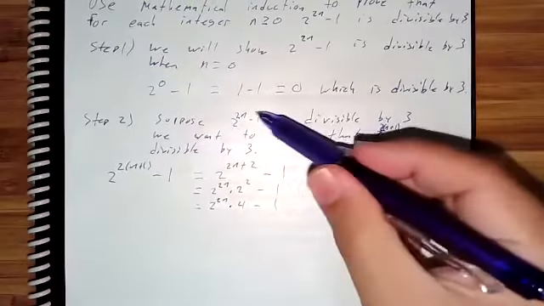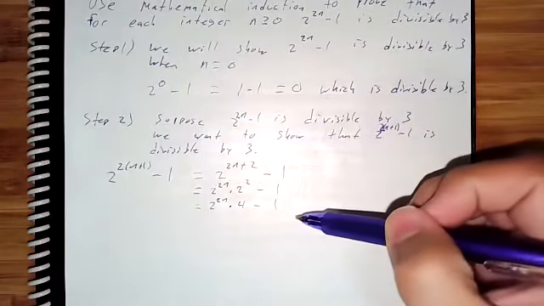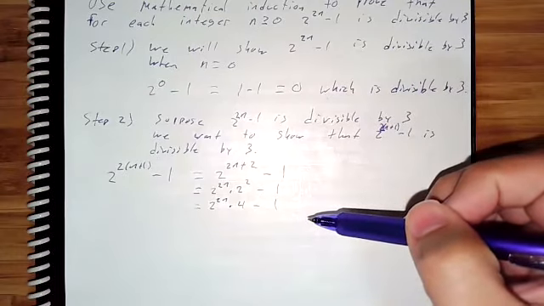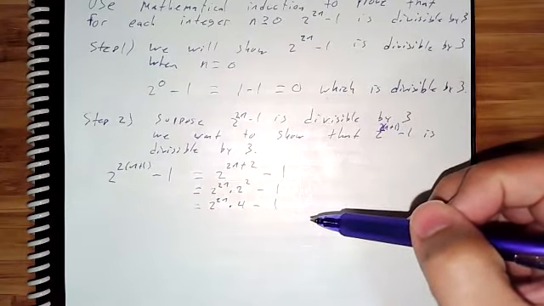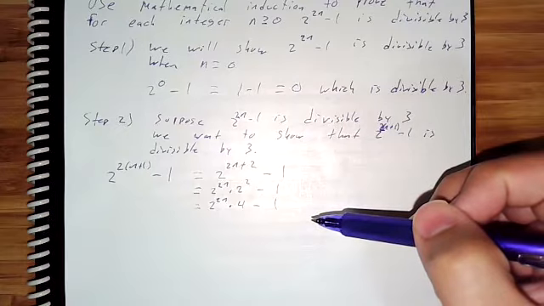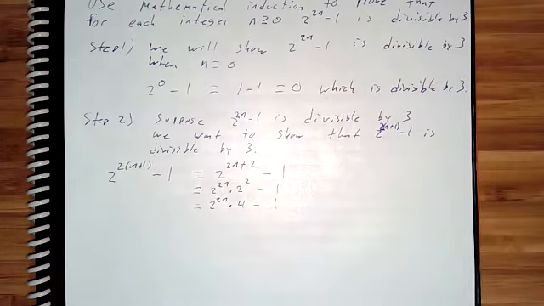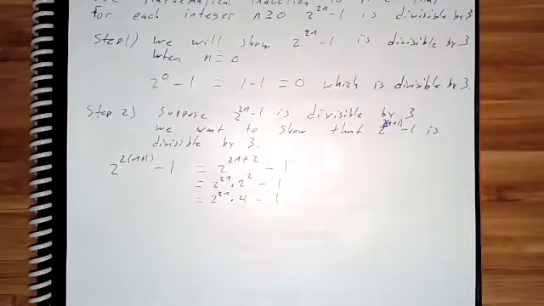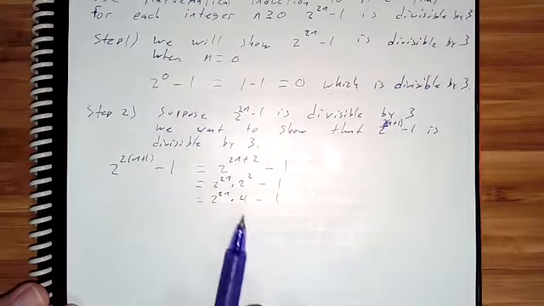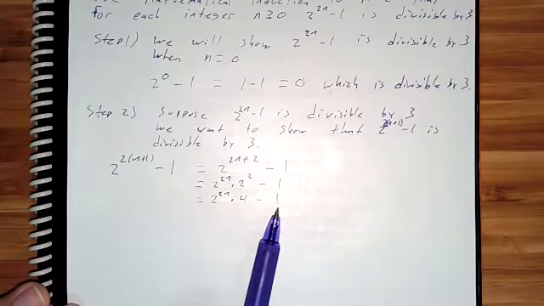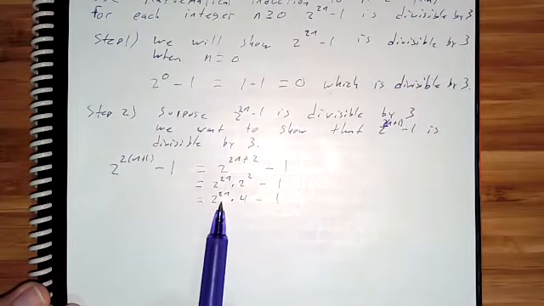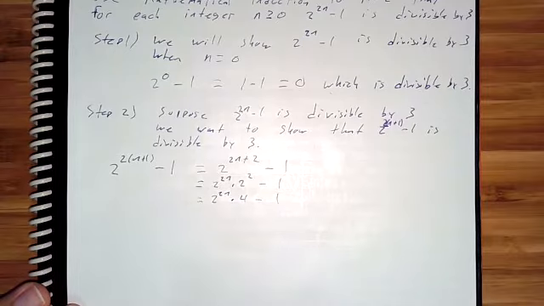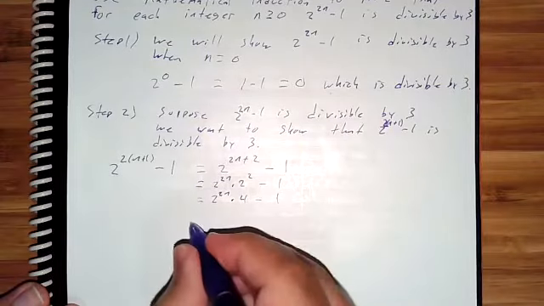Now, how do we use this guy in here? Okay. That takes some thinking here. I don't see it right away, but remember, what we're trying to do is show that this whole thing is divisible by 3. Once I show that, then great. I need to somehow incorporate this. So let's try to do some algebra here.